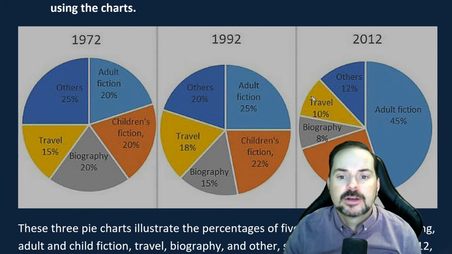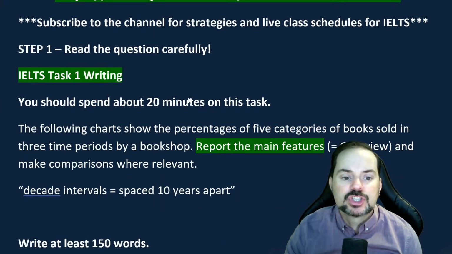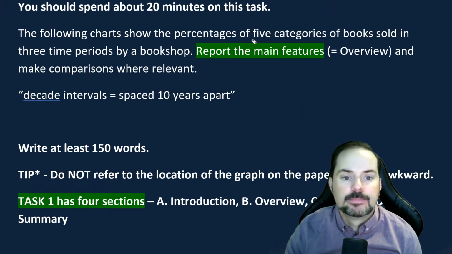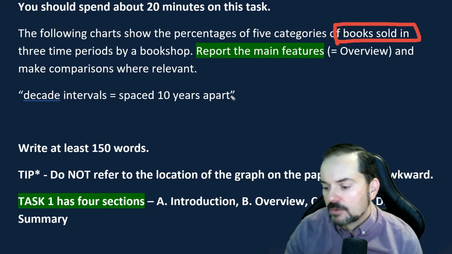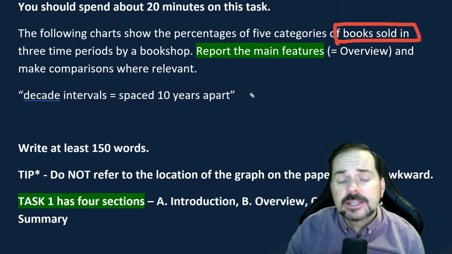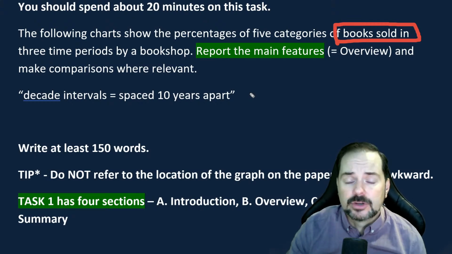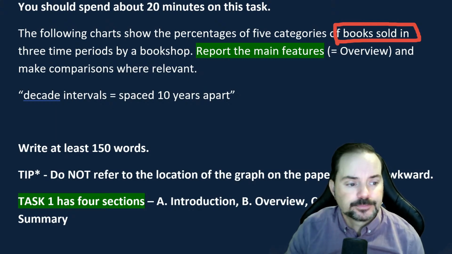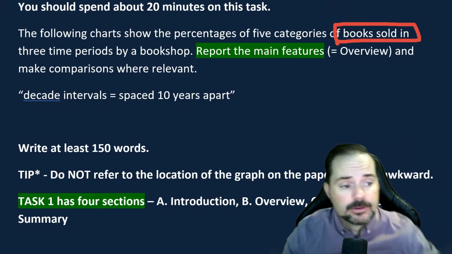This isn't, remember, Nancy, remember the question, okay? This isn't people's reading choices. The question is books sold at a bookshop, okay? Books sold. It's not reading choices. We don't know if it's reading choices or not. In the academic IELTS students, the examiners are looking at the information that you're giving them, how accurate you are, okay? So you have to be accurate. Accuracy is very important, especially for those higher band scores.